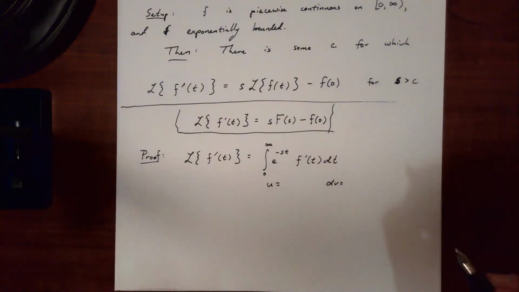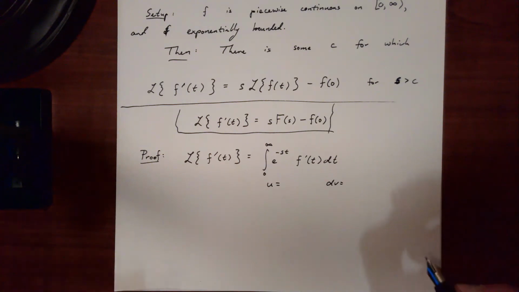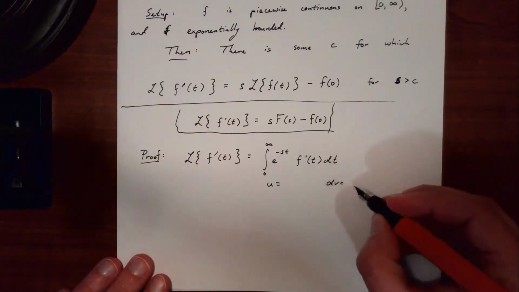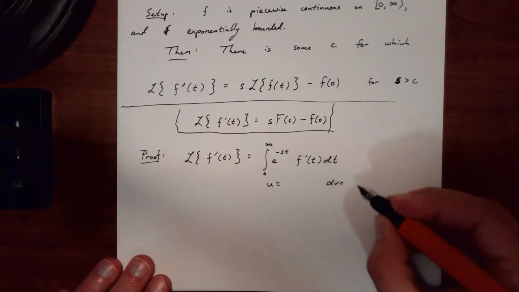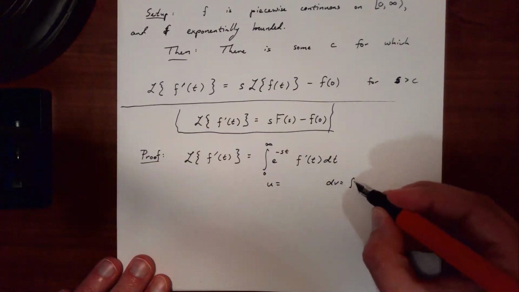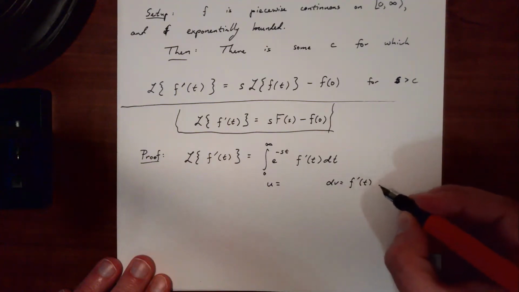Now, your usual strategy in choosing the u's and the dv's is the biggest piece that you can comfortably anti-differentiate makes a good v, and anything that gets simpler when you take its derivative makes a good u.